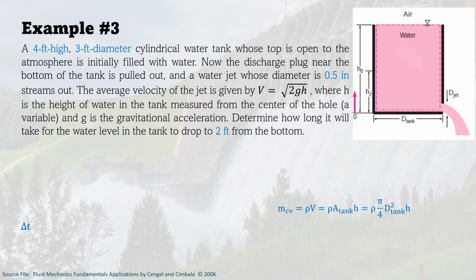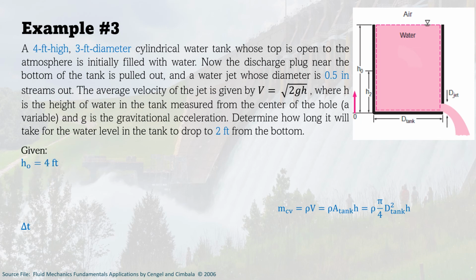We are to determine how long it will take for the water level in the tank to drop to 2 feet from the bottom. So we are going to compute the time needed in order to drain half of the water, since it is 4 feet high, meaning it's half because it's 2 feet from the bottom.